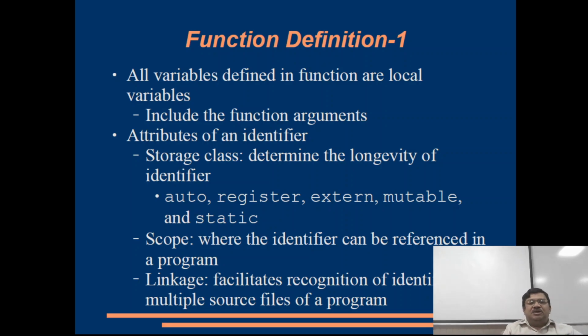And then linkage is where extern identifier actually is used. That allows you to use the identifiers which are spread across different files, and using namespaces, different files can have different namespaces, and then you can define namespaces to access identifiers in a different context or different files, you know.